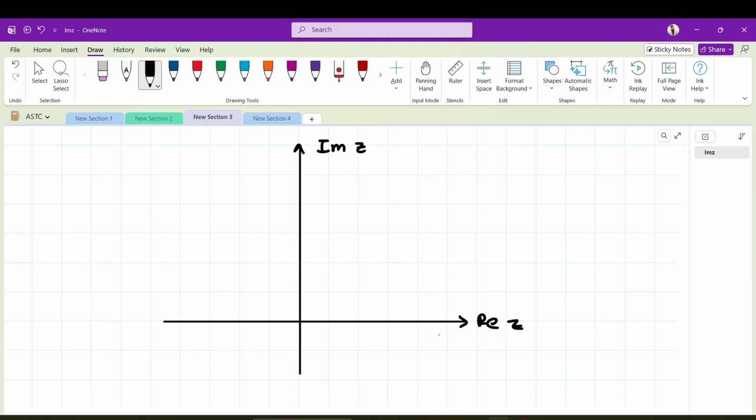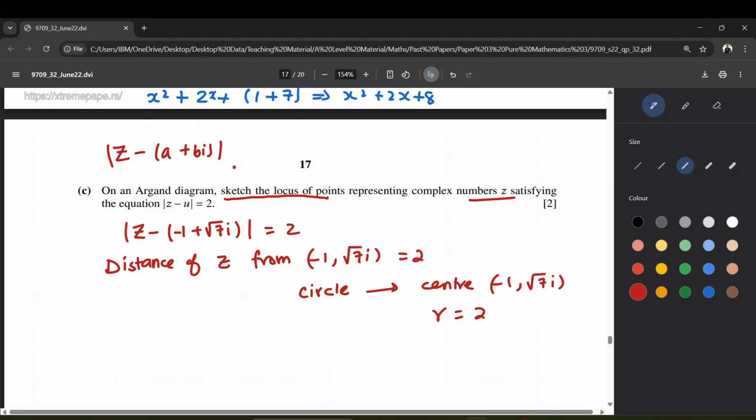So let's say if I label the axis first, we have 1, 2, 3, and here this is minus 1, minus 2, minus 3. Then over here we have 1, 2, so this will be basically I, this is 2I, this is 3I, 4I, and this is 5I. Now the center is at minus 1 root 7.